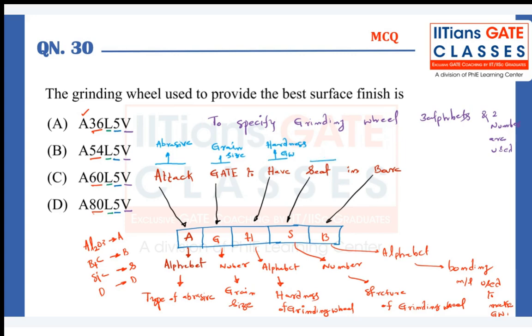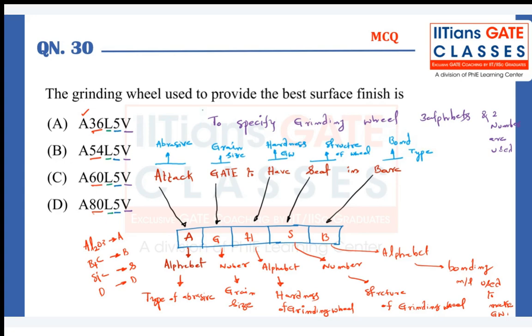Next, S indicates the structure of the grinding wheel, whether it is an open structure; we have a diagram. Next, B stands for the type of bond used, vitrified bond or silicate bond. All right, I hope you understand now.